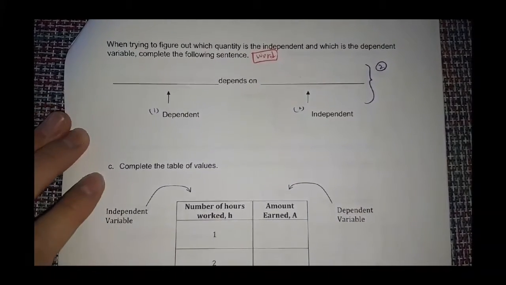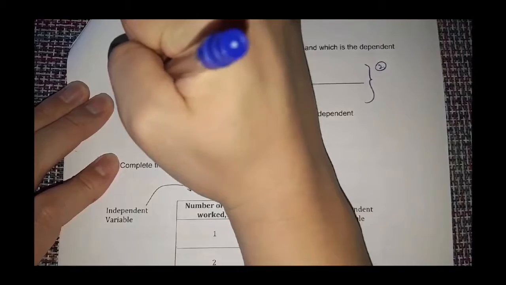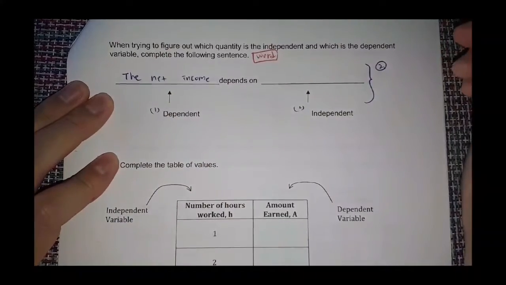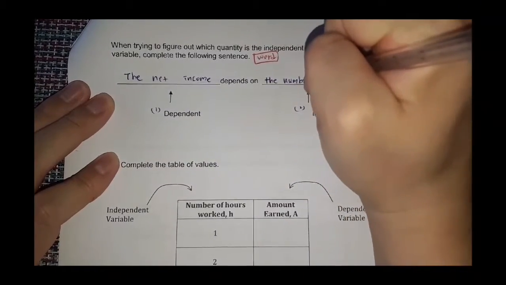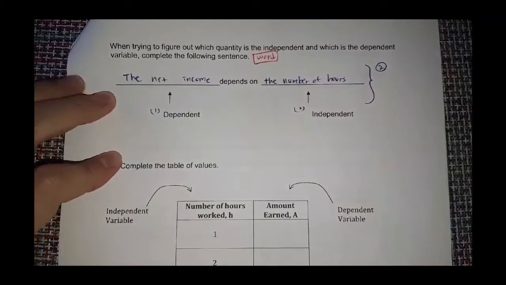So let's think about what was dependent. It was money, the net income, depends on the number of hours that Luke worked.